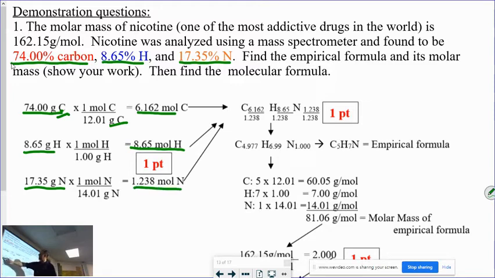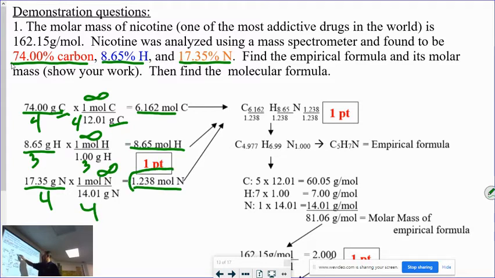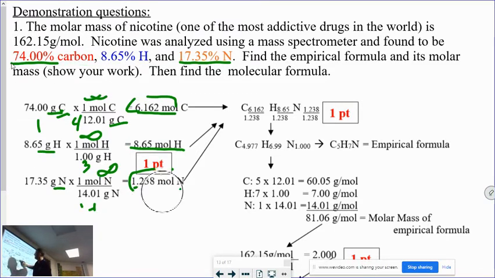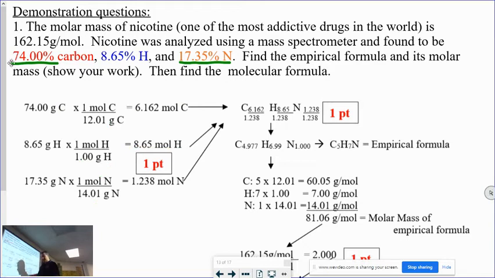If we look at the hydrogen, we have 3 sig figs here, 3 sig figs here, infinite sig figs here. So we can only have 3 sig figs in that problem. This one has 4, this one has 4, infinite. So that's why this one has 4 sig figs and this one has 4 sig figs. I'm going to erase all that, but that would be your first step. That's steps 1 and 2 on your chart.